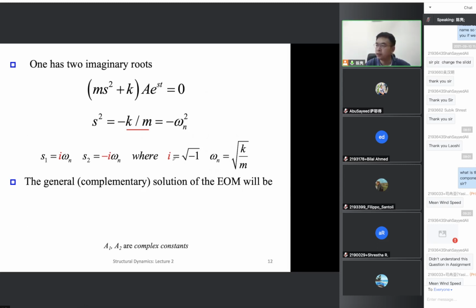The i here is the imaginary unit, the square root of minus 1, and omega n equals the square root of k over m.